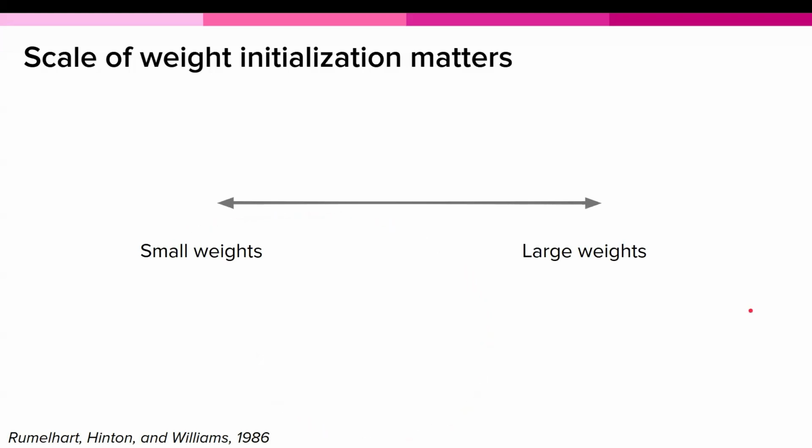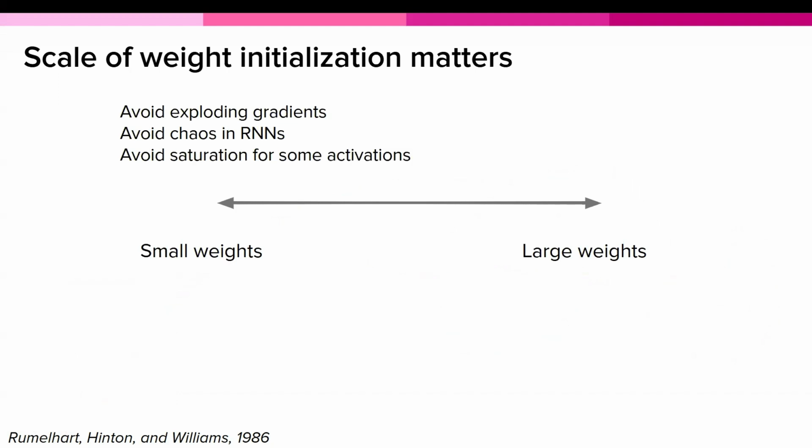For example, small weights can help avoid issues like exploding gradients, chaotic behavior in recurrent neural networks, and saturation of activation functions for certain kinds, like the sigmoid or the tanh. And these problems, especially the chaos and the saturation, can arise because large initial weights can cause the values passed through each layer to grow exponentially, which would destabilize both the forward and backward passes.